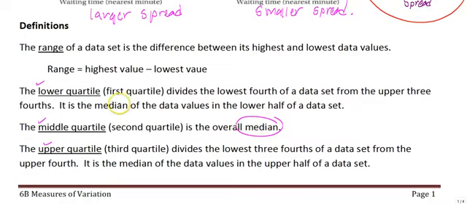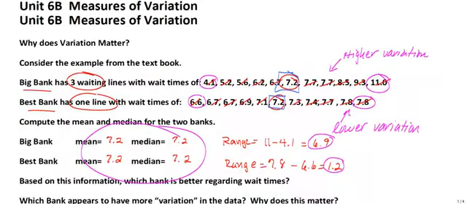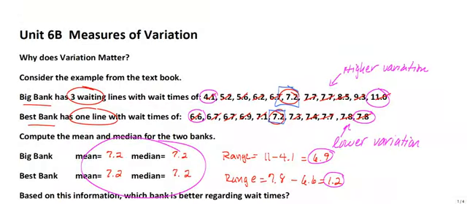Now the lower quartile is just the median of the lower half of the data set. So it's just finding, again, the middle value, but it's the lower half of the data set. And the upper quartile is the median of the upper half of the data set. So when we have a data set, that median value right here is called our middle quartile.